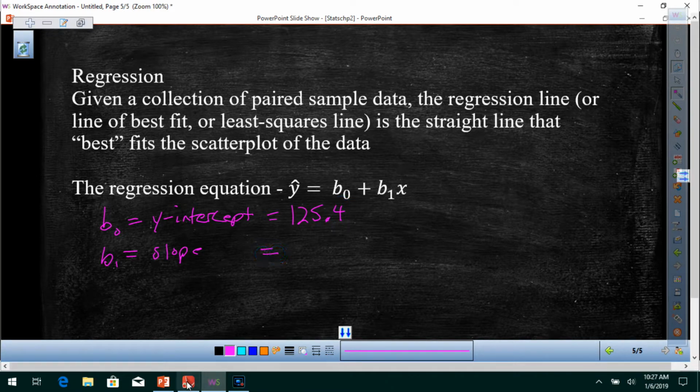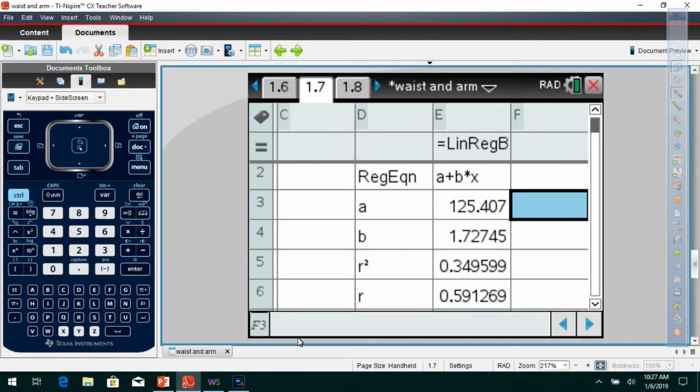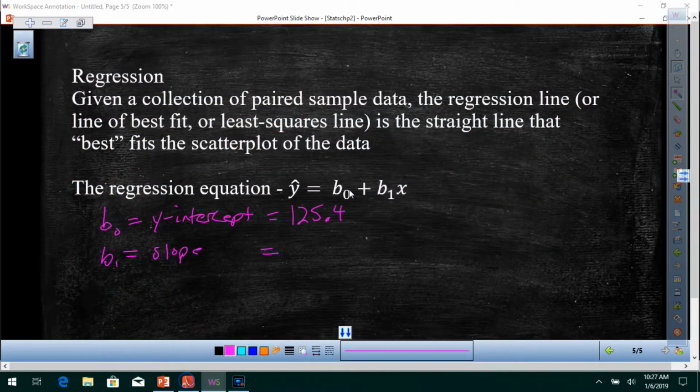And the slope in this case was 1.727, 1.7. Okay, so you would write the equation as y equals 125.4 plus 1.7x.